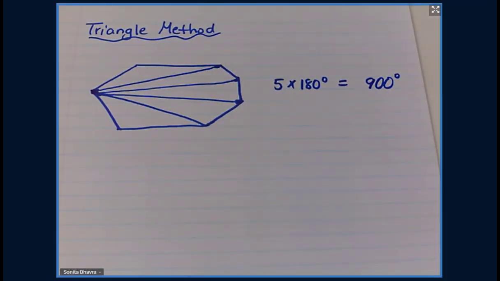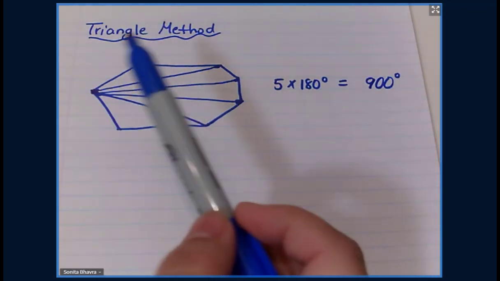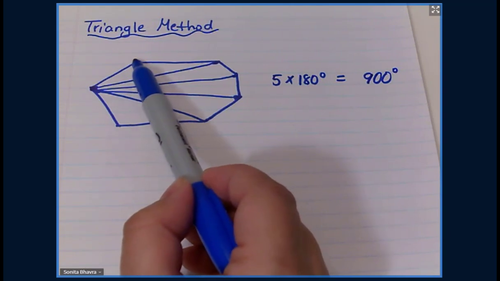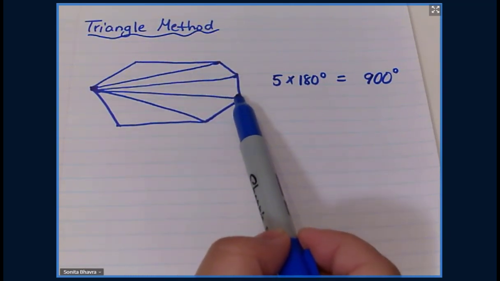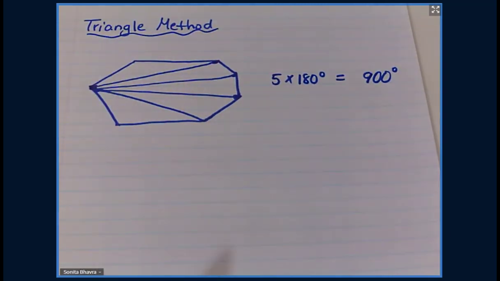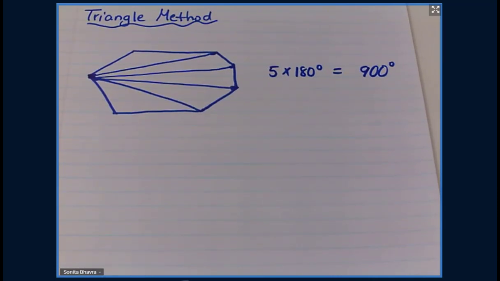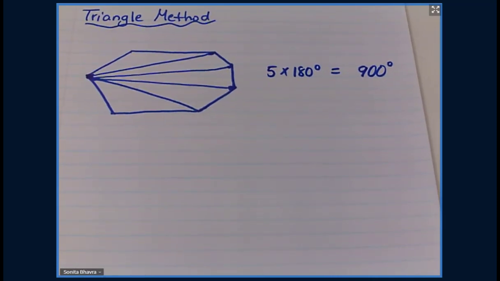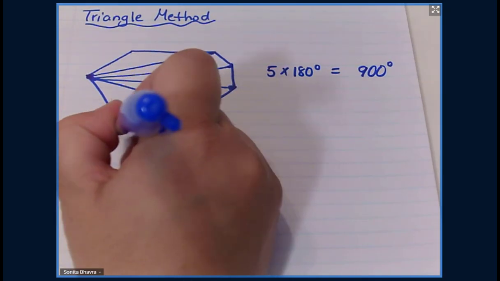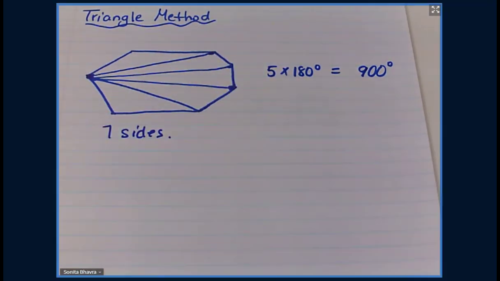You can check this using the formula method as well. Count how many sides there are to this polygon. 1, 2, 3, 4, 5, 6, 7. It's a 7-sided polygon, meaning it's a heptagon. So we can use our formula method just to check.